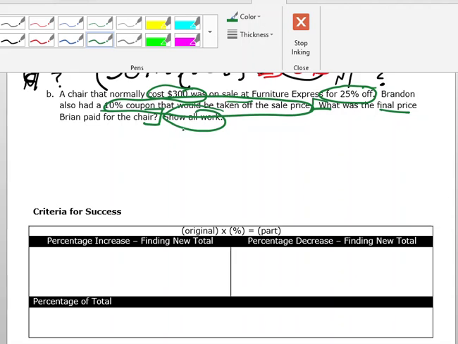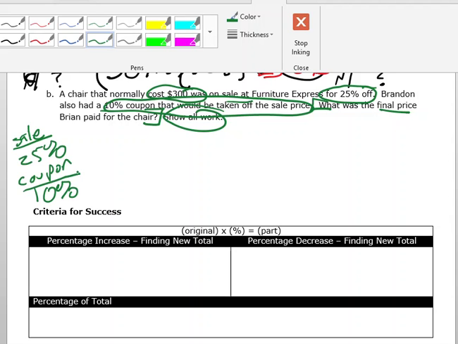Show all work. So again, I'm going to have to do two OPN charts here because I need to find the sale price first, and then I need to find the coupon price. So my sale price is 25% off, and then my coupon is 10% off.